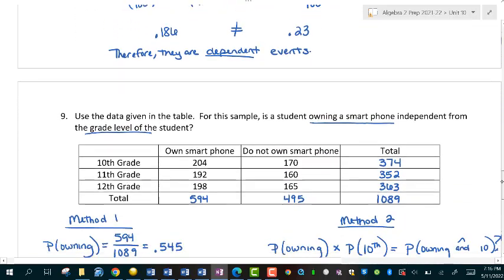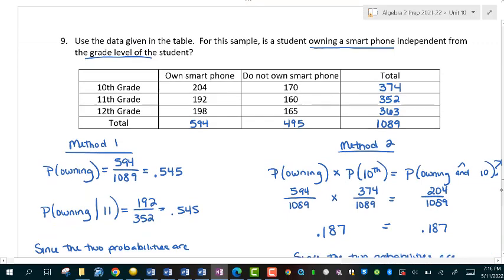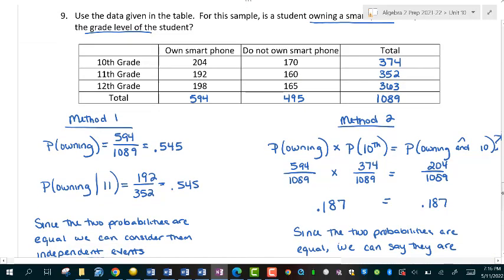So the last example here, I'm going to actually show you both methods. So it says use the data given in the table for the sample: is student owning a smartphone independent of grade level? So we have own a smartphone, do not own a smartphone. And then 10th, 11th, and 12th graders. And then the totals have been filled out here. So method one is over here on the left. So first thing I did was just calculate what is the probability of owning a smartphone.